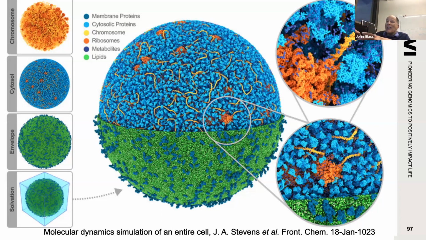Now, I understand about glycolysis, and I've got a pretty good idea how protein synthesis works, but to really understand exactly what's going on at the nanoscale, that's what I want to achieve with this work.